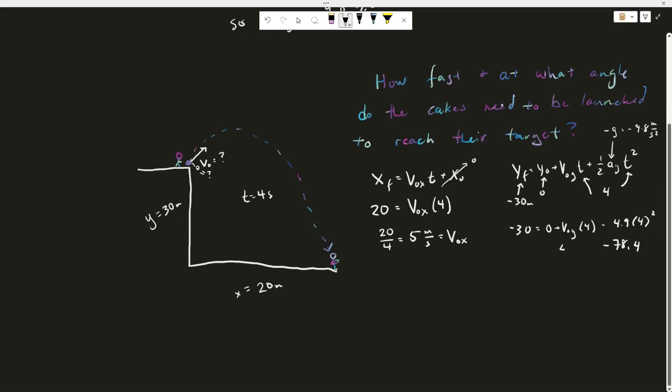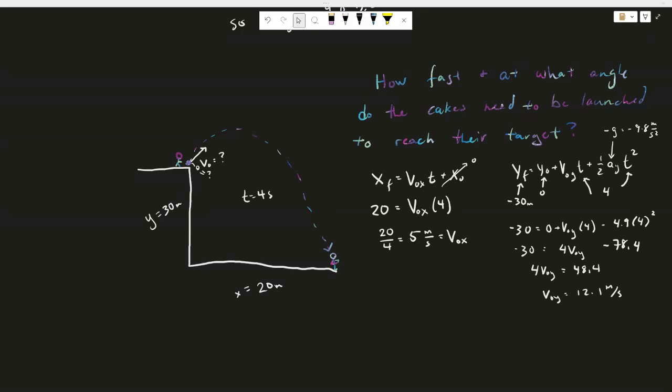This is just 4 v naught y, and this is minus 30. So I end up with 4 v naught y is equal to 48.4. And then I can divide by 4, and I get v naught y is equal to 12.1 meters per second. So that's for the y direction.